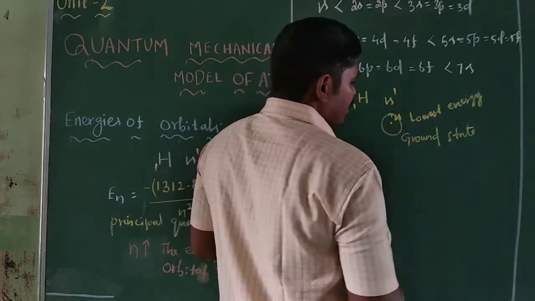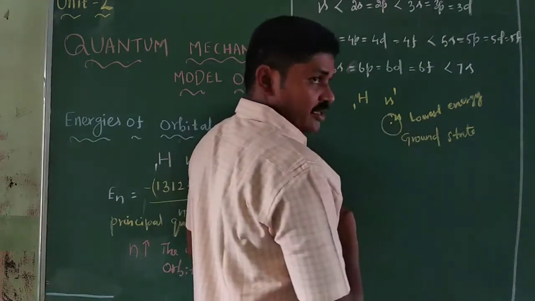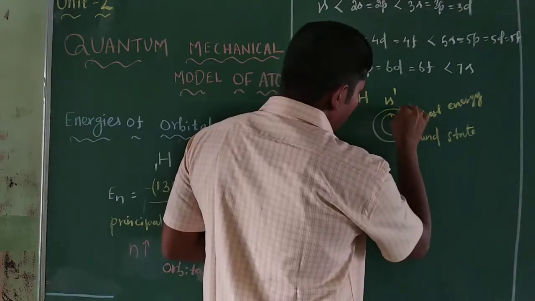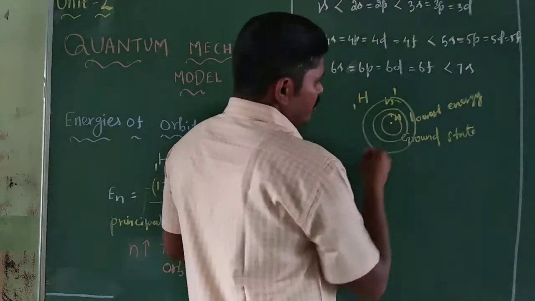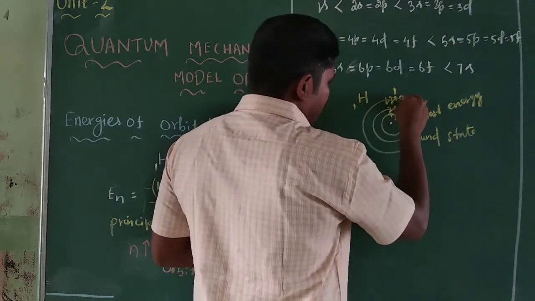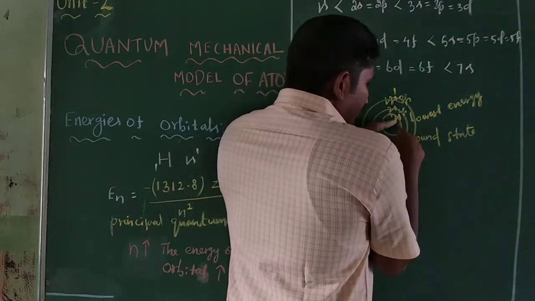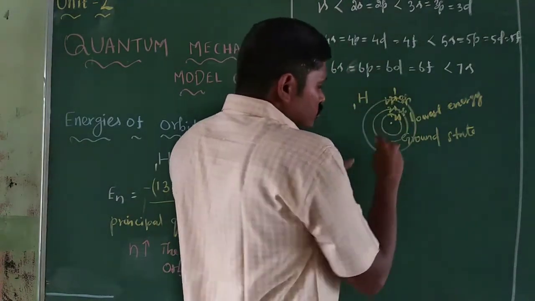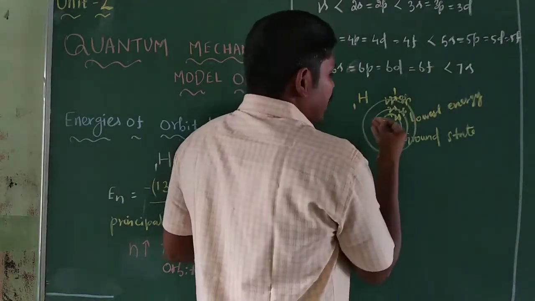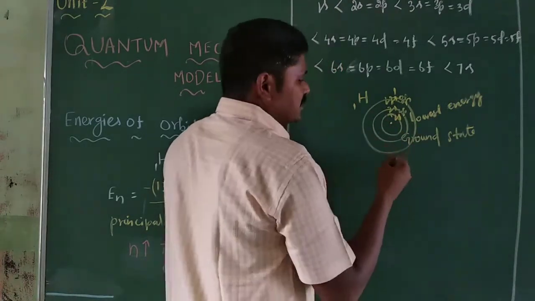Thus the electron requires some energy, electrical energy, to move to higher energy levels such as 2s and 2p or 3s, 3p. This state is called the excited state.